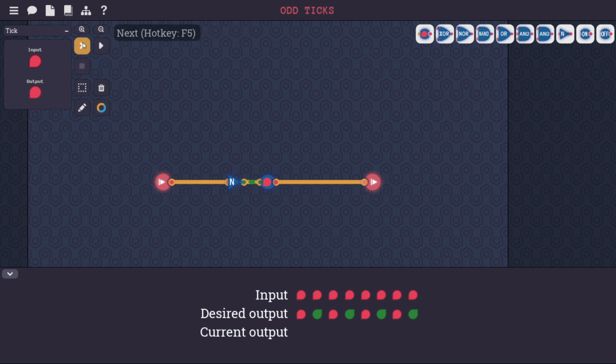Okay, let's start again. Input is off, output is off, which is okay. But now, since we had this inverter, we now are holding a signal which is true, and when we move to the first tick, we have our output as on.